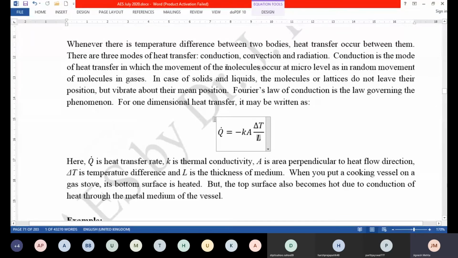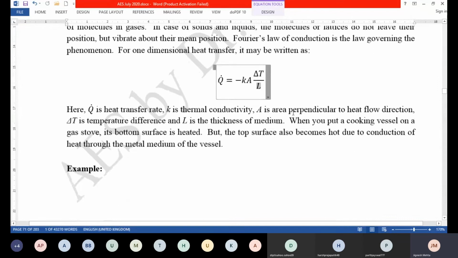Of course, this is a one-dimensional, steady-state case. So Q dot can be calculated as minus K A delta T upon L. The main thing to understand is the basic principle. What is responsible for heat transfer by mode of conduction? What are the parameters that play a role?